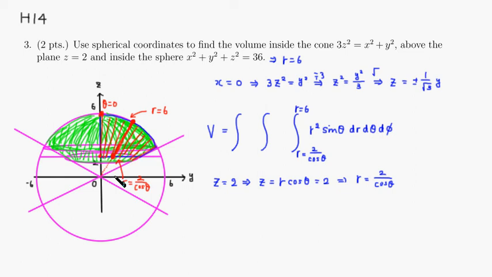This is 30 degrees, so theta is going to be 60 degrees, which is pi over 3. So theta goes from 0 to pi over 3, and that will cover the shaded region right here.